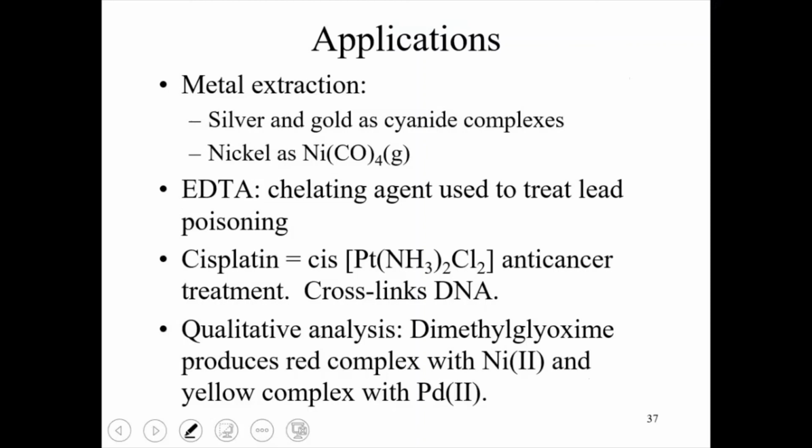For example, nickel, obtained from nickel ion ores, can be extracted by forming a gas complex with carbon monoxide that can be separated from the rest of the solids, and then you can purify it that way. Another application of complex ions is chelating agents, like EDTA, which can be used to remove metals like lead, mercury, and other possible toxic metals.